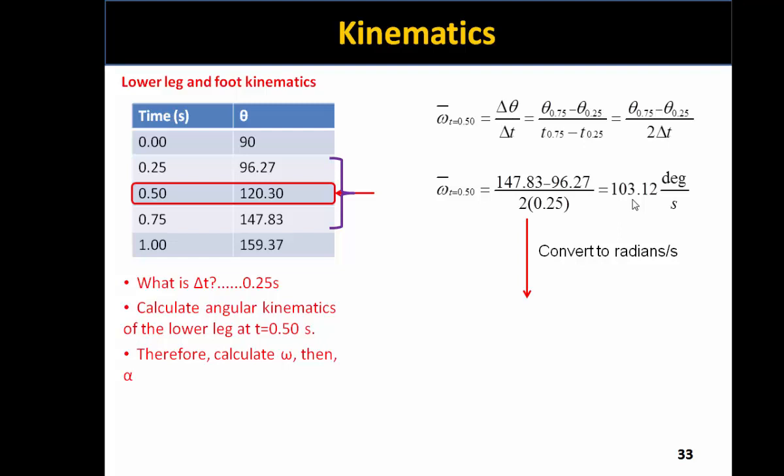Now convert this value into radian units. To perform this calculation and get the degrees per second into radians per second, we use a process referred to as chain link conversion, where we have on the left-hand side the units we want, which is radians per second. On the right-hand side, we start with the units we have, so we have 103.12, that was our answer, in degrees per second.